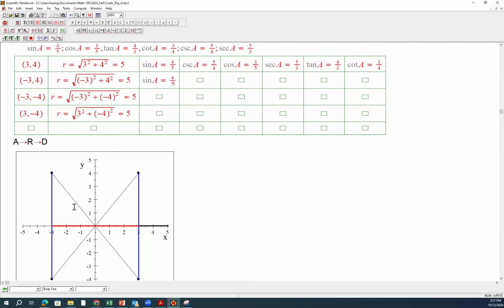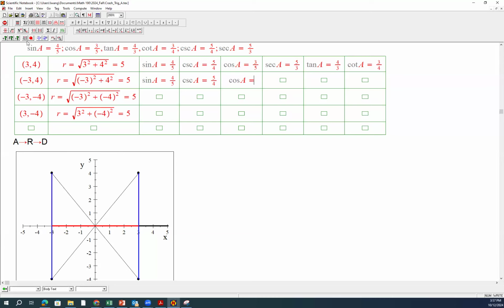Different terminal, same ratio. Isn't that interesting? And of course, the cosecant of A, we found it. Cosecant of A is going to be the same, which is a reciprocal of sine.